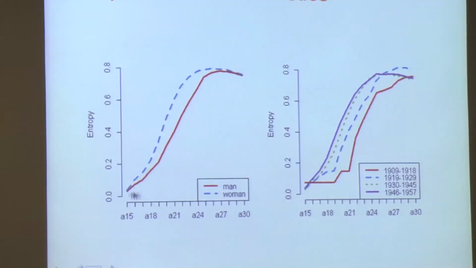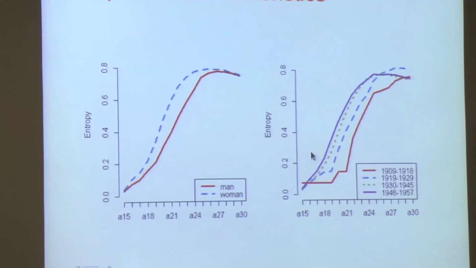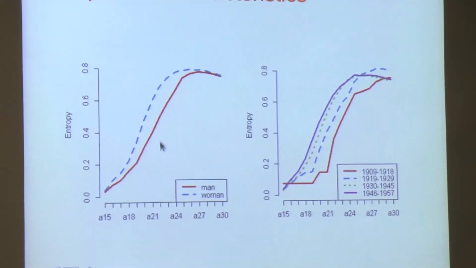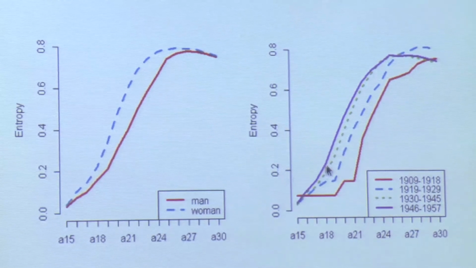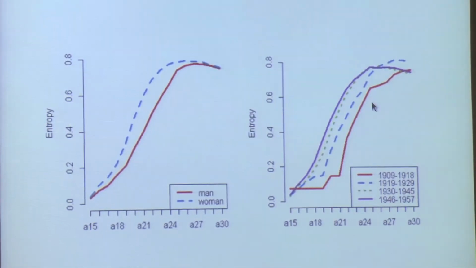So we can see that entropy was very low early on in the study and increased over time. It increased earlier for women than for men, and it increased sooner for the later age cohorts, and later for the earlier ones.